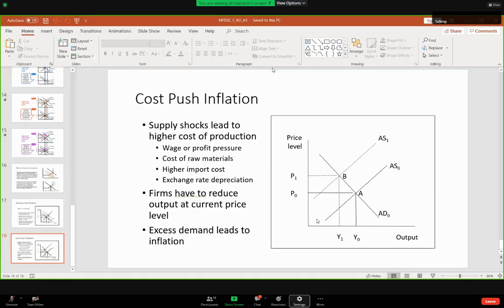In 2005, I mentioned this example yesterday, but I should mention it again today. 2005 to 2008, that is just before the US financial crisis.